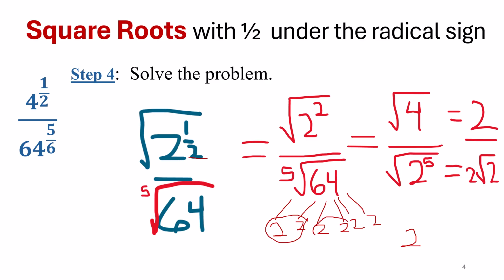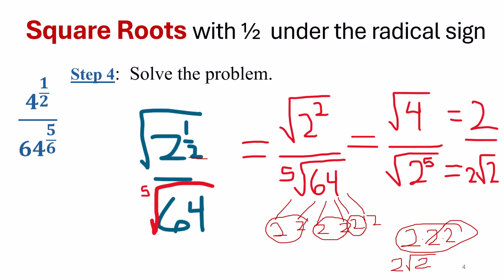This 2 comes out, and then 8, 16, 32. This 2 comes out, and all of them get together and cancel, and they become 2 to the square root of 2.